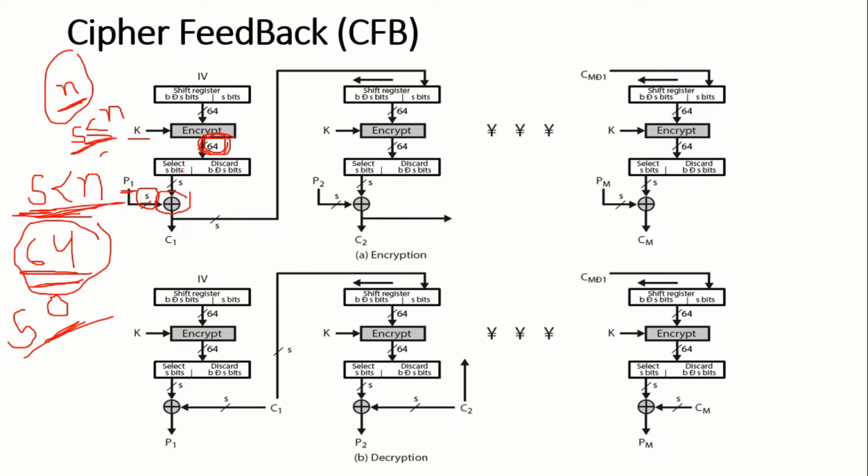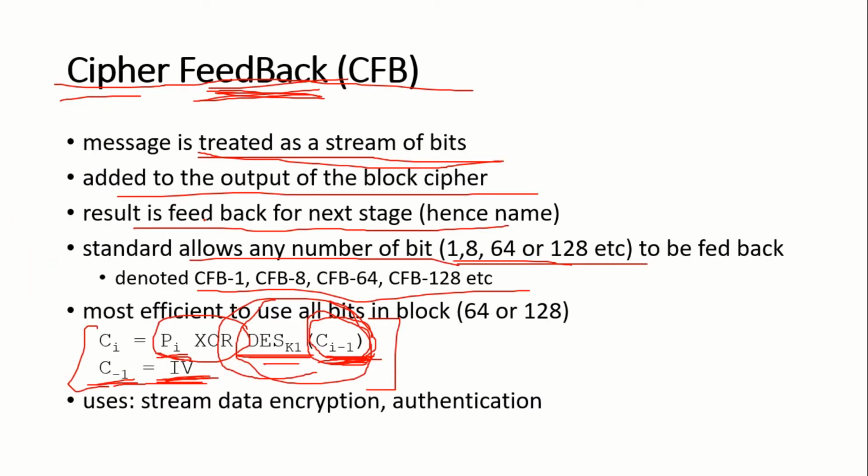So that is why this is written over here. We select the S bits out of it, and we discard the B minus S bits. Then we perform the XOR operation. So that is the left part of this expression. We perform the XOR operation between the plain text block and the result which we get after applying the encryption operation over the previous cipher block.